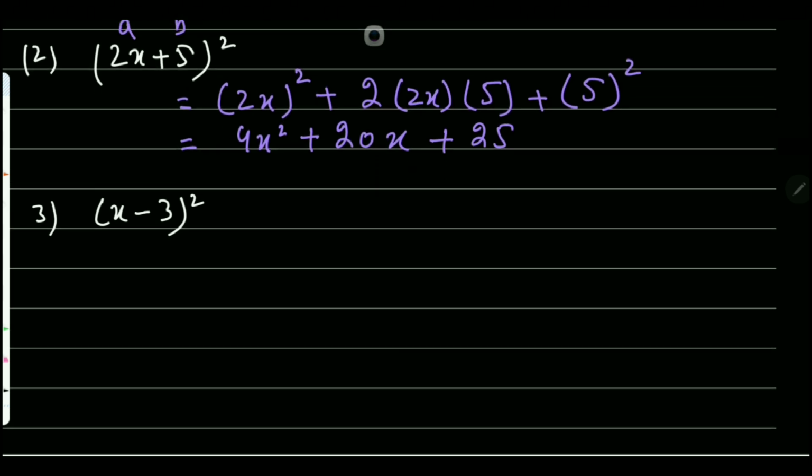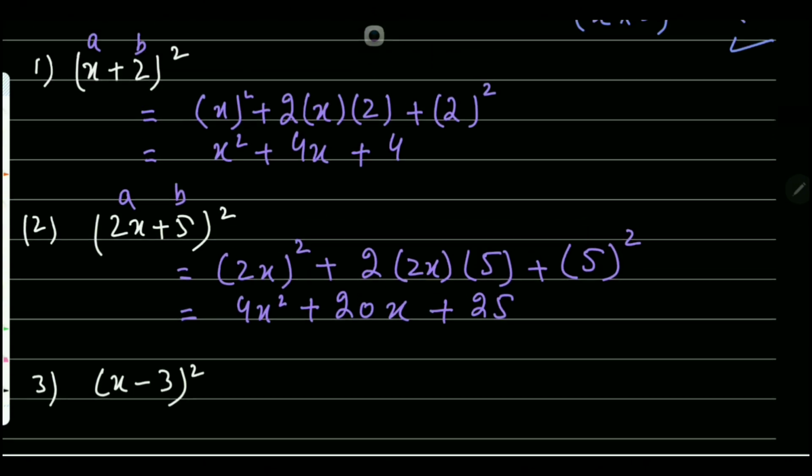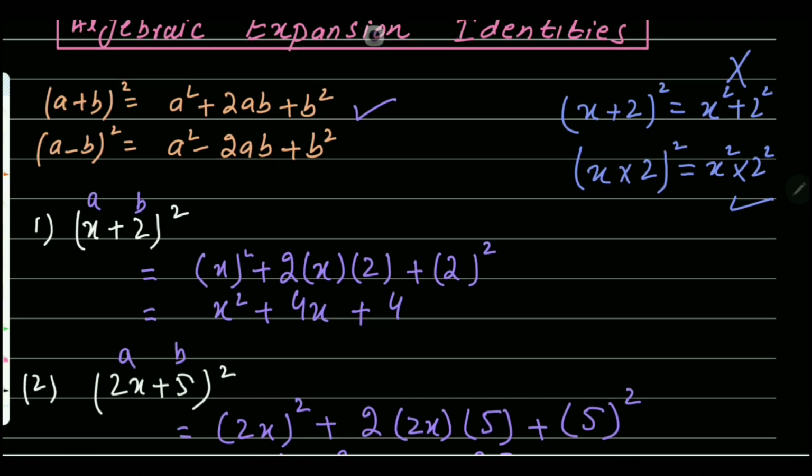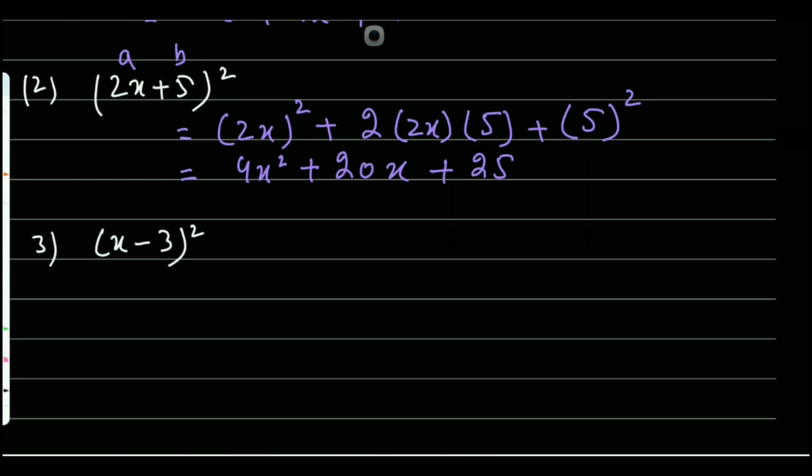Okay, so let's solve the third type of question. You can see that here you have to use the second identity, (a − b)² = a² − 2ab + b², because there is a minus sign between these two terms. So how will you open it? This is a, this is b.